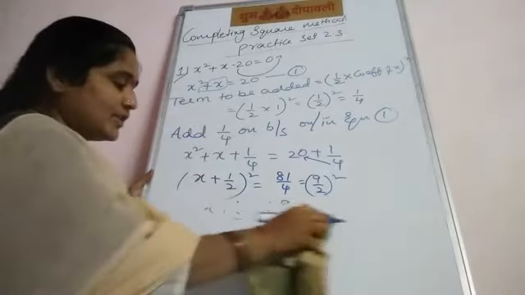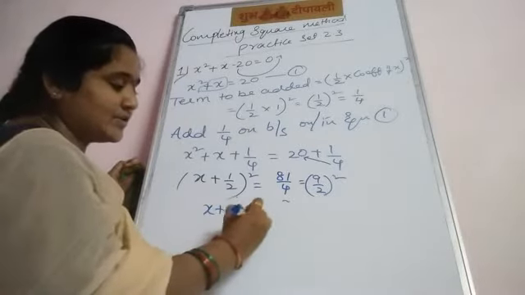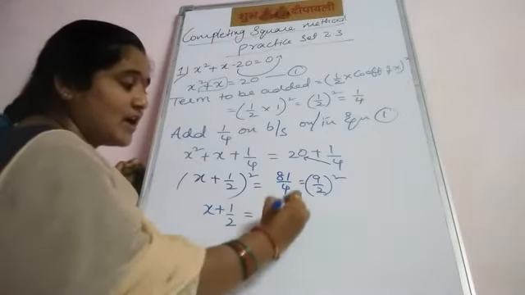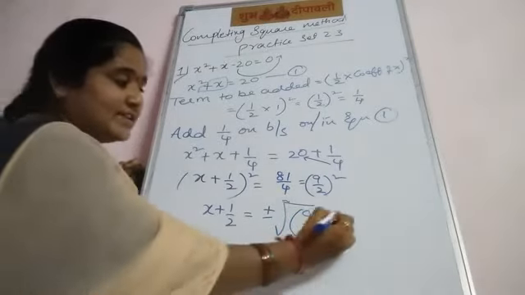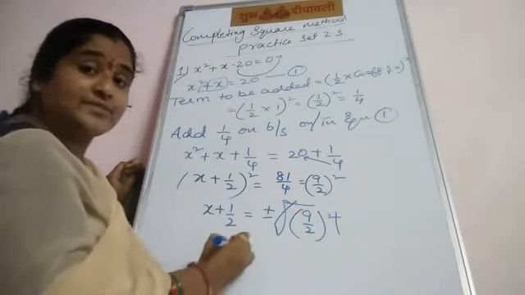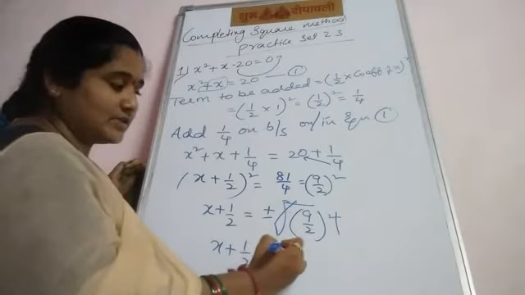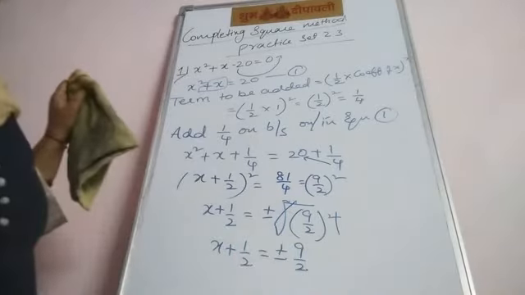Otherwise, if you are unable to understand, you can get directly this: x plus 1 by 2 equal to plus or minus under root 9 by 2 whole square. This square and square root get cancelled. x plus 1 by 2 equal to plus or minus 9 by 2.